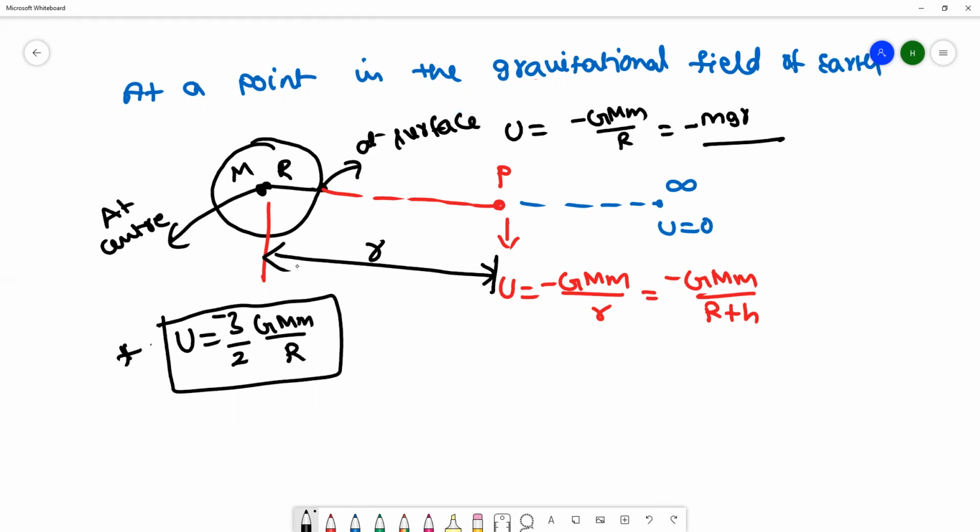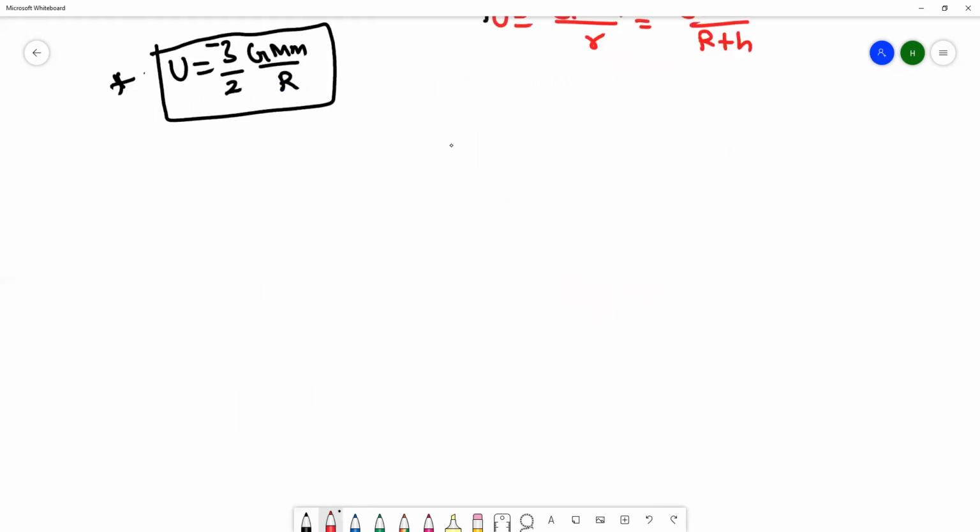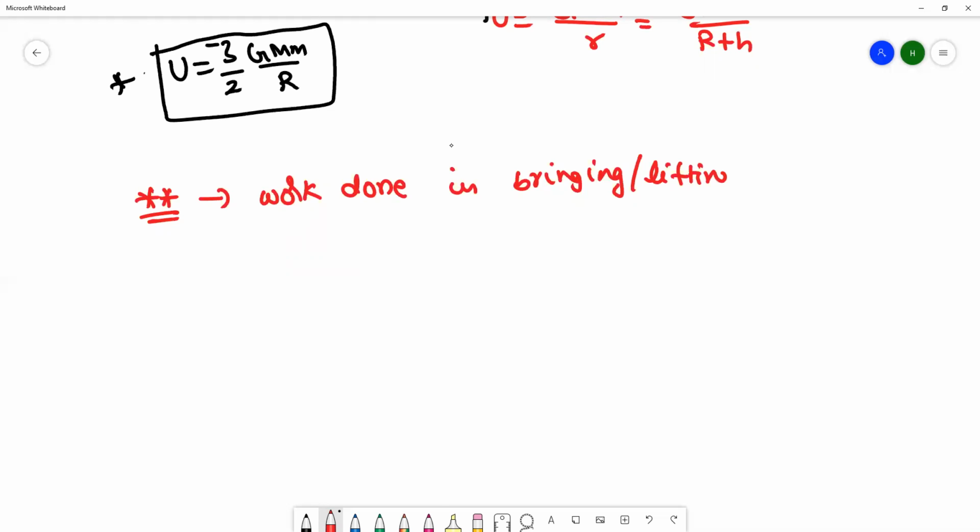Now, work done. One more important point. Most of the objective exams ask questions based on this concept. Work done in bringing, otherwise lifting, you can write lifting instead of bringing.